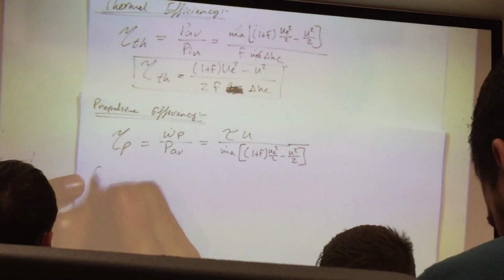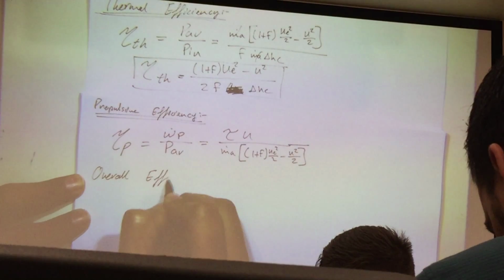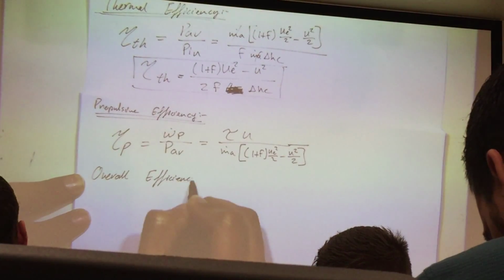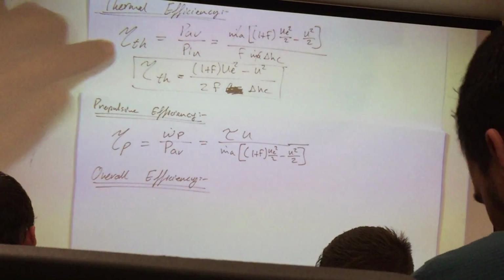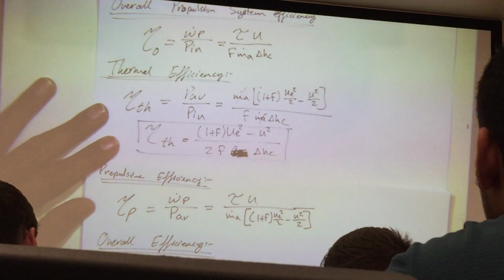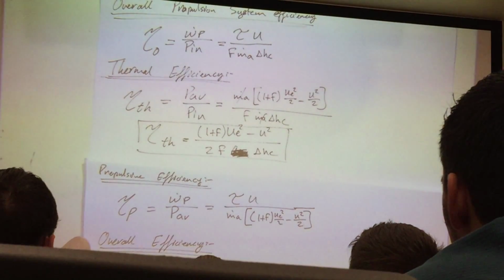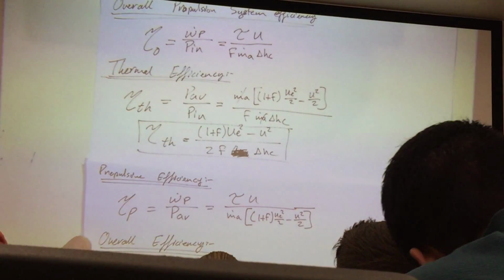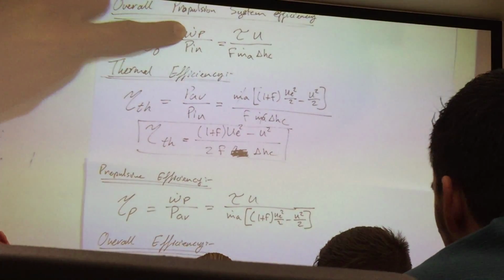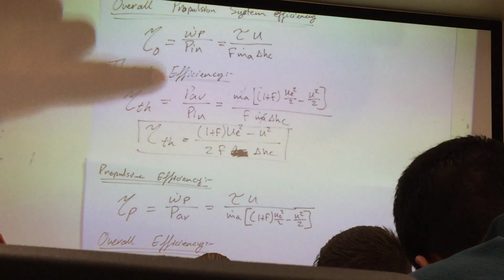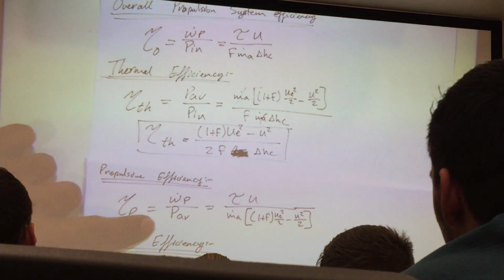Now overall, we already talked about it: if we know the propulsive efficiency and we know the thermal efficiency, we wrote the overall efficiency. It's WP divided by P in. And this is WP available divided by P in, and this is WP divided by P available.